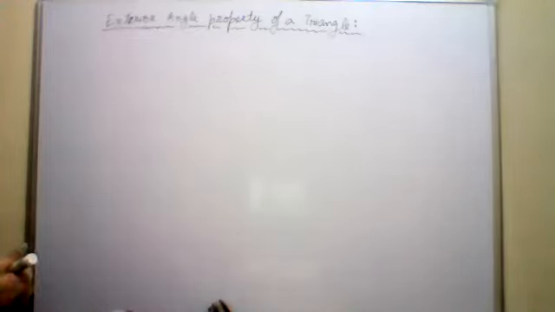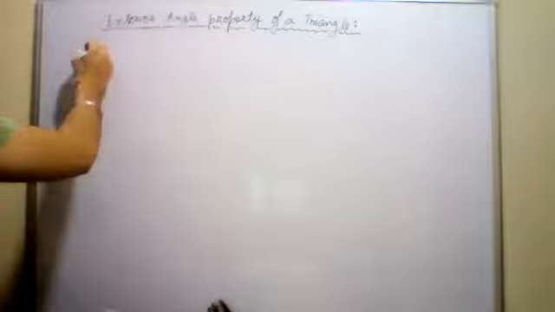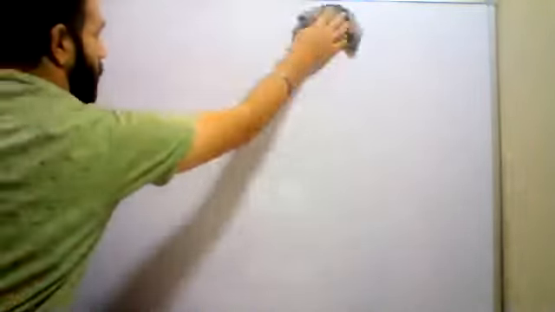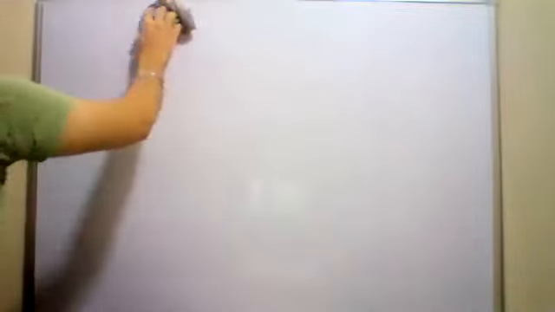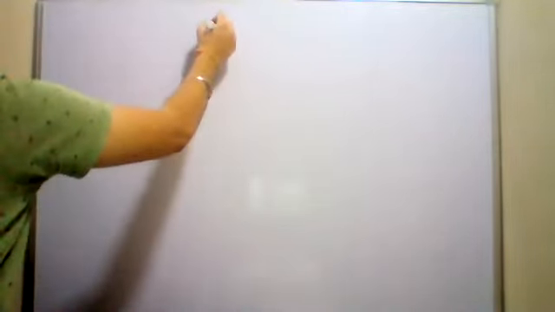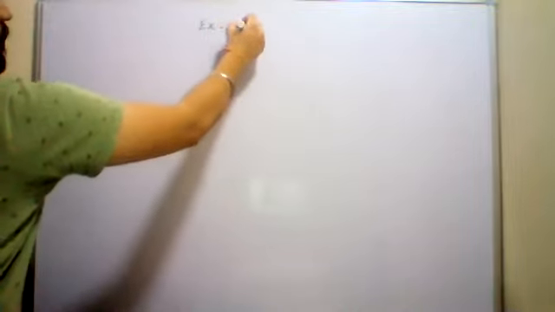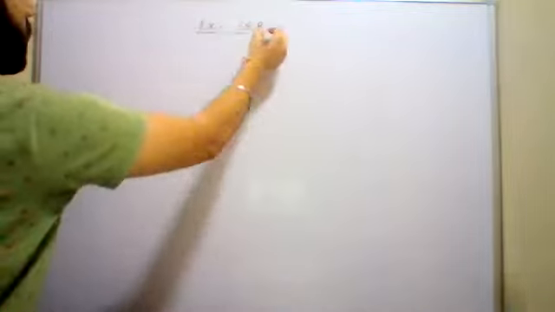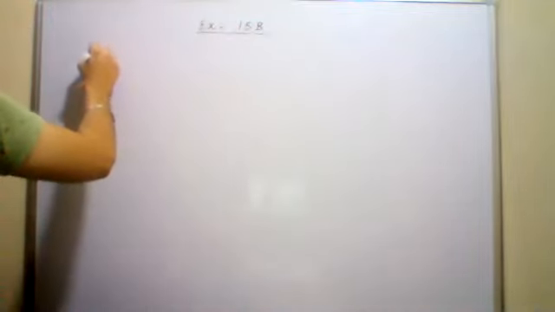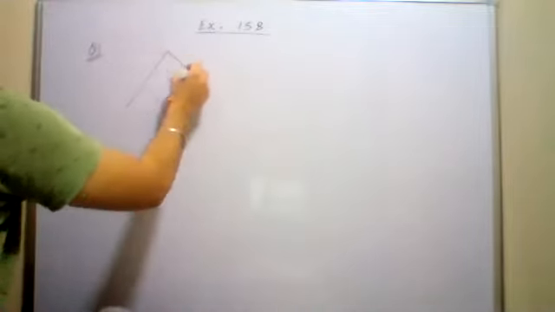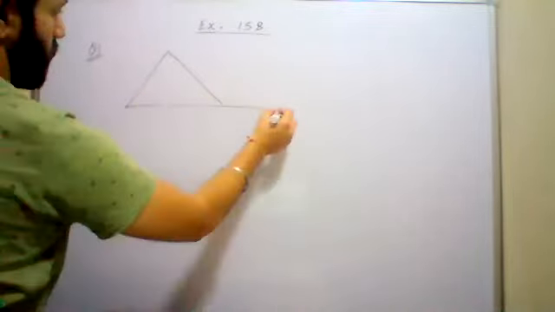Okay. So question number 1 of the exercise, based on exterior angle property. Exercise 15E, question number 1. The question says you have to find the exterior angle.